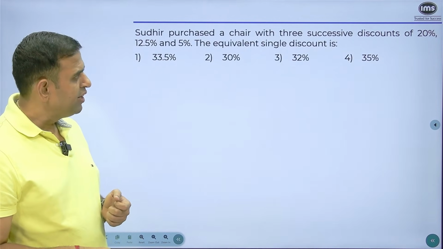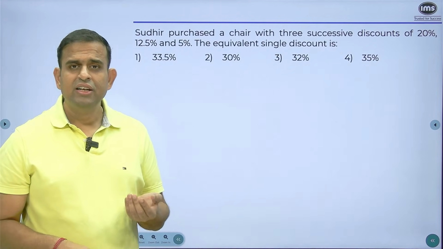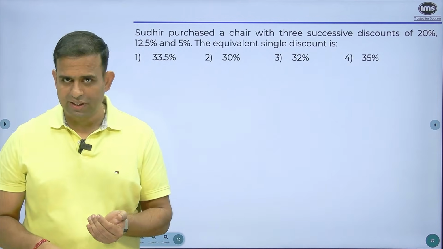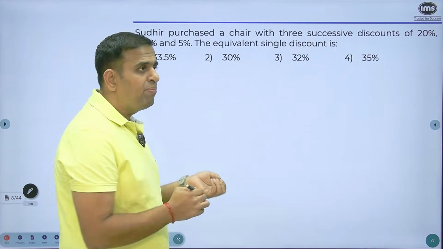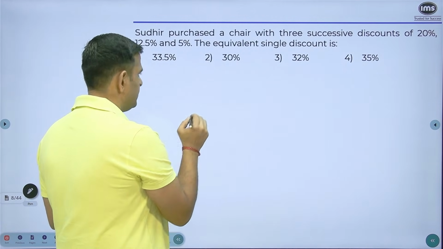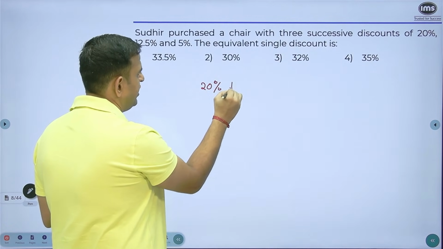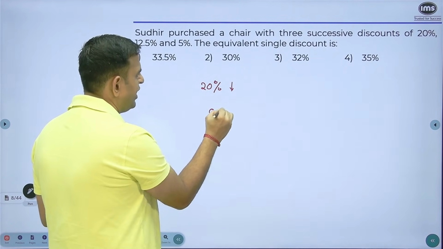So what I will do in this particular case: if I give a discount of, let's say, 20%, then something becomes 80% of that value. So the multiplier because of a 20% reduction is going to be 0.8.